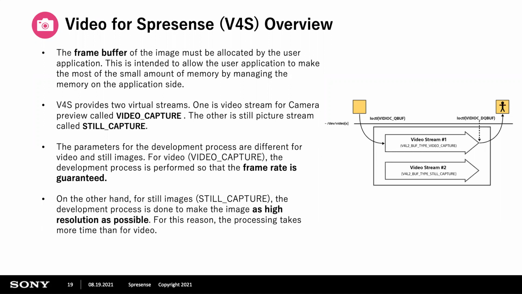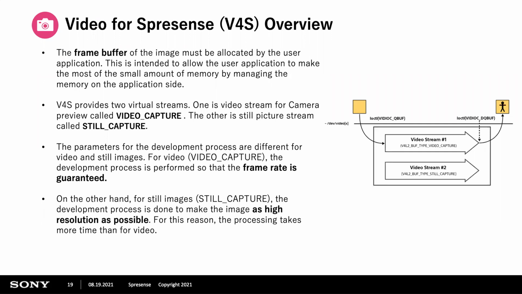So what you need to consider is, when you work with the video stream, you need to process and perform so that you have a guaranteed frame rate. So this is for the video.